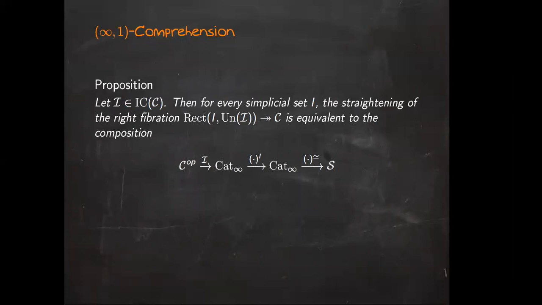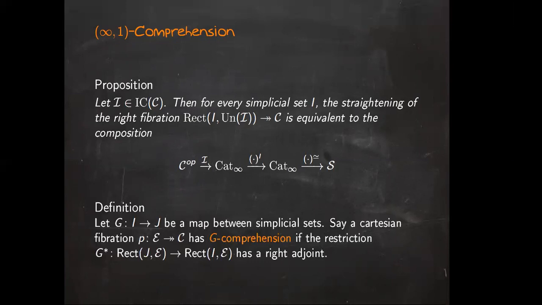So as an internal category, if we start with an indexed category and we unstraighten it, and then we take rectangular diagrams in there, and then we straighten it back, then this is indeed just the indexed infinity groupoid of fiberwise I diagrams, right? We first take an object C, consider its fiber E_C. We take I diagrams in there, and then we make the whole thing into a presheaf.